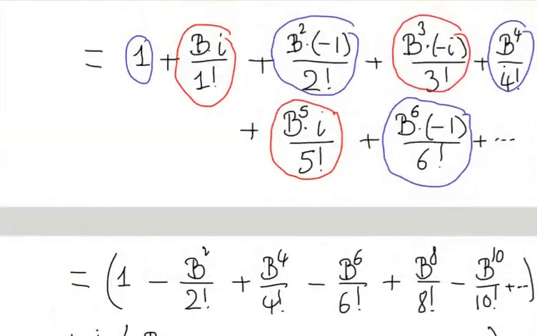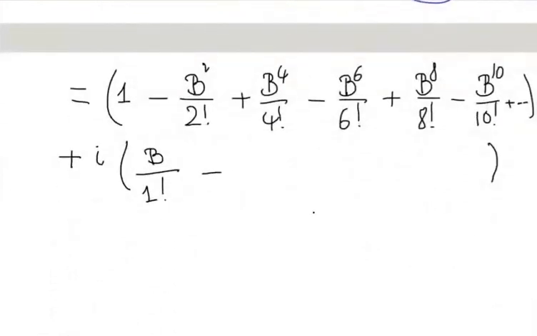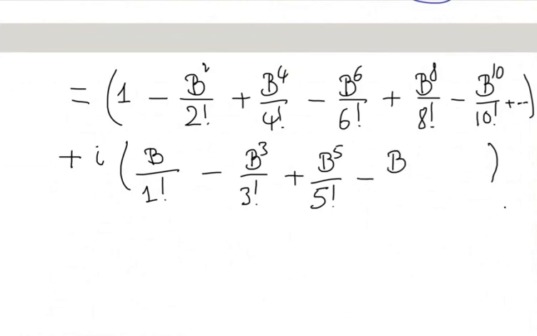For the second one, we have minus b cubed over 3 factorial. And you see the next one is b to the 5th over 5 factorial. And the next is minus b to the 7 over 7 factorial, etc. And this goes on forever.